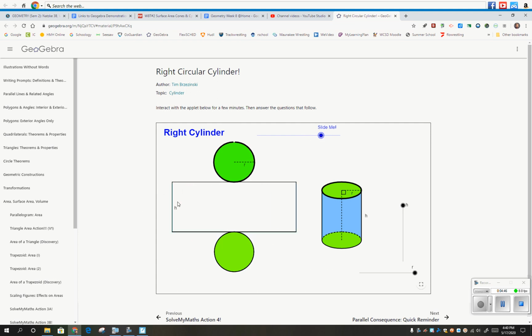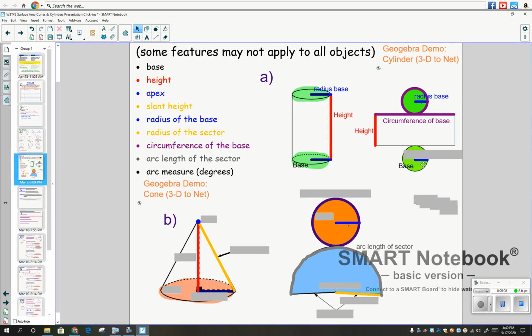The height we talked about, but what about this length at the top? Watch what happens as I slide this. We're taking the length that goes around the circle and unfolding it, and it equals that length. What is that length? That's the circumference of the base. So this purple line is the circumference of the base. How do I find the circumference? It's either diameter times pi, or 2 pi times the radius.